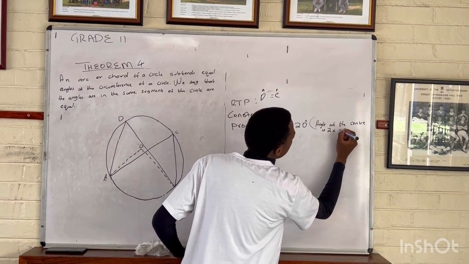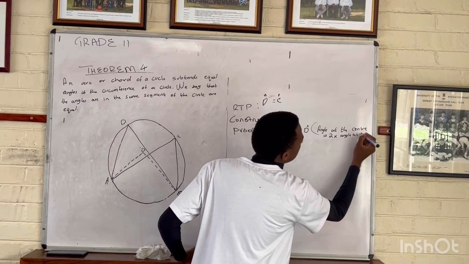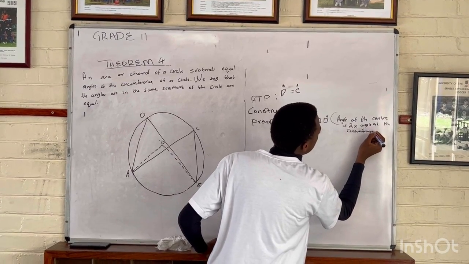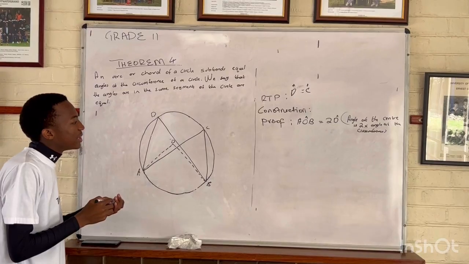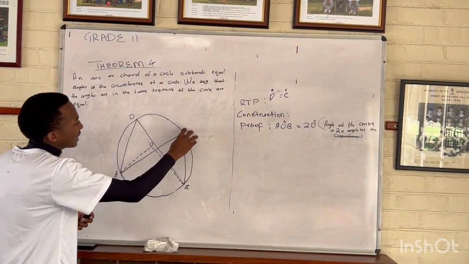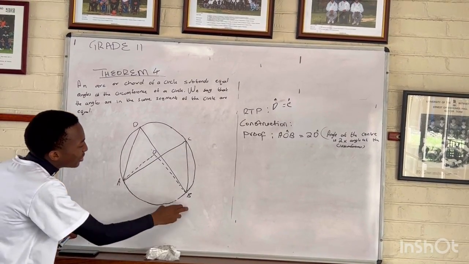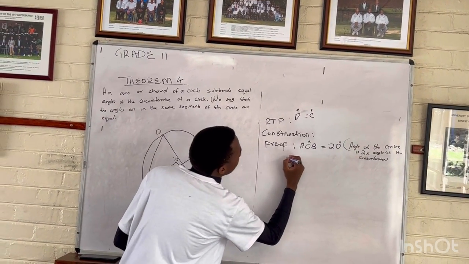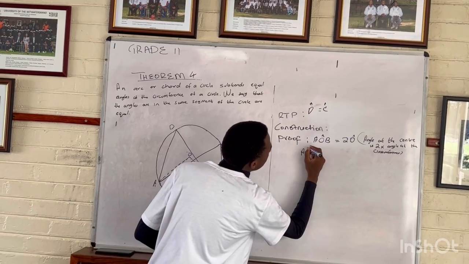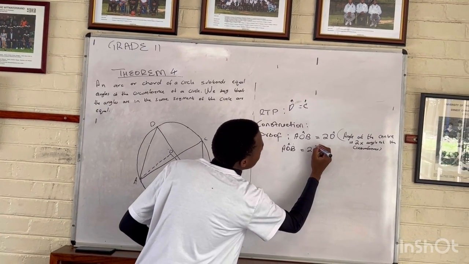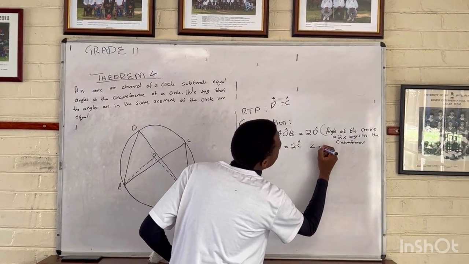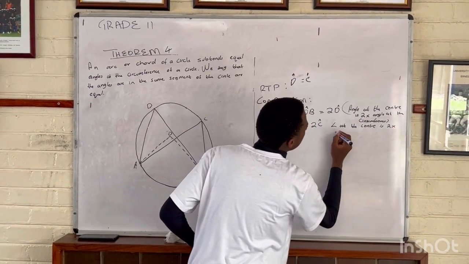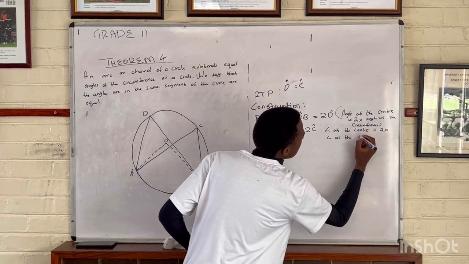This is similar to angle C. Angle AOB is also 2 times angle C. This is the same reason: angle at the center is 2 times angle at the circumference.